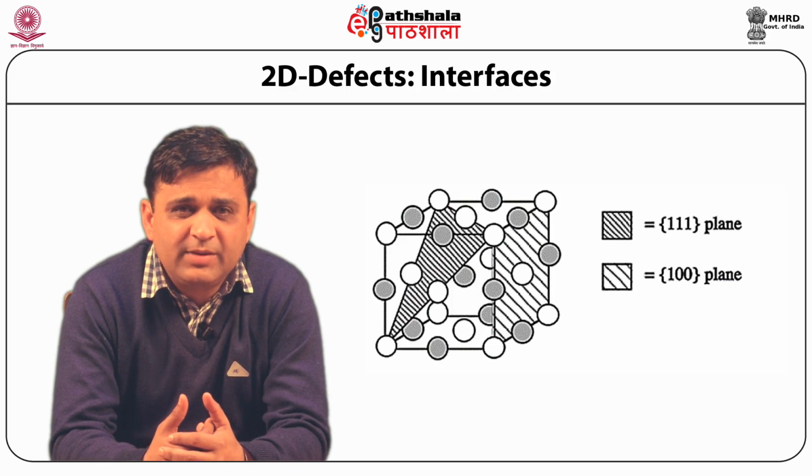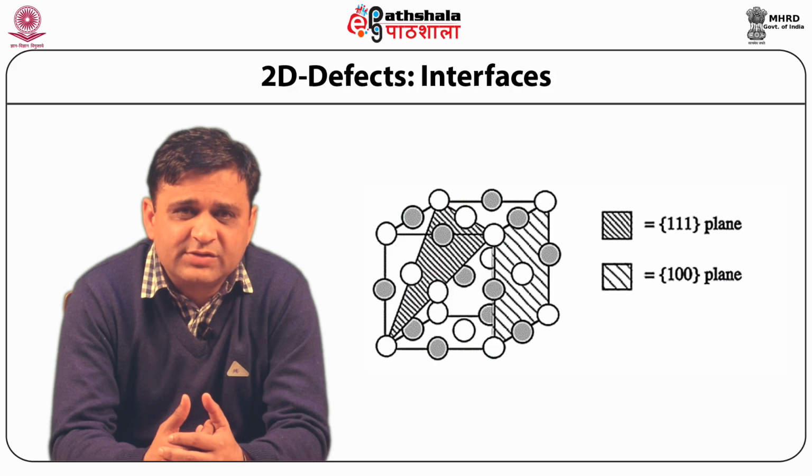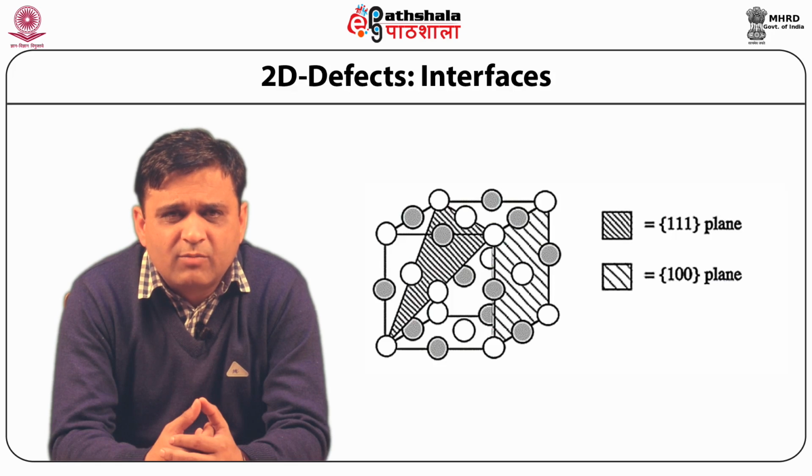So the 100 plane is electrically neutral and the 111 plane is not electrically neutral. On the 100 plane you have an equal number of positive and negative charges. Looking at the surface of the 100 plane, apparently it looks like there are 5 white balls and 4 dark balls.